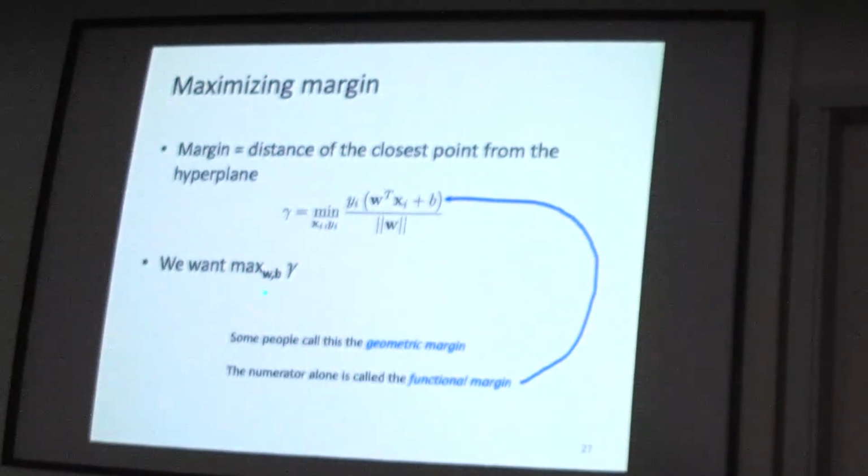And then in the outer level, we need to adjust W and B to ensure that this margin is maximum. That's a straightforward formulation of the SVM objective to reflect the margin maximization principle. Any questions so far? It's pretty straightforward, right?